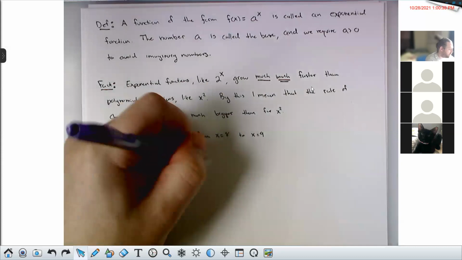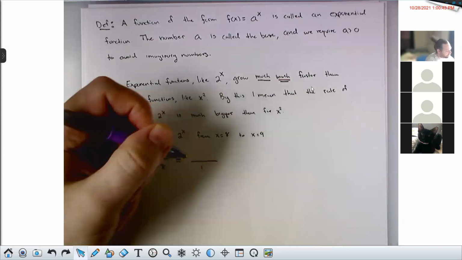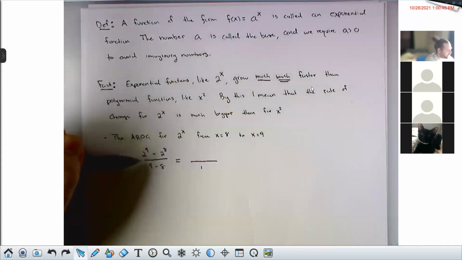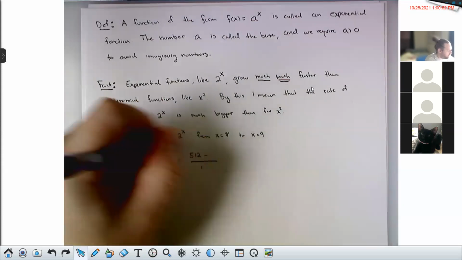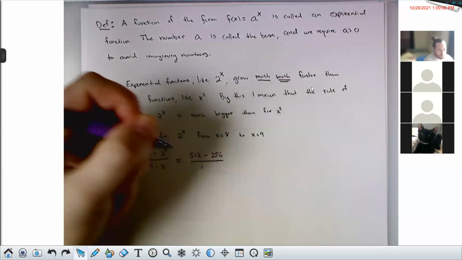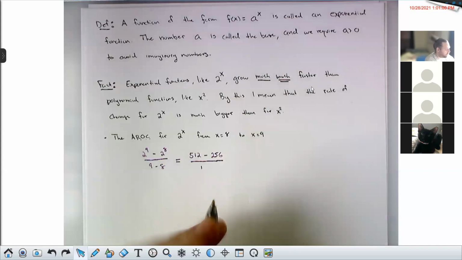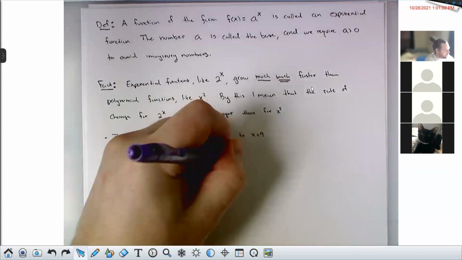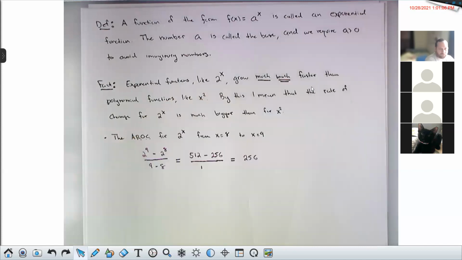I'm looking at a step size of 1 here. So the downstairs, 9 minus 8 is just 1. 2 to the 9 is 512. And 2 to the 8 is 256. If you do any work with computer programming, you'll memorize your powers of 2 pretty quickly. 512 minus 256 is 256. So this is 256 divided by 1, or just 256.